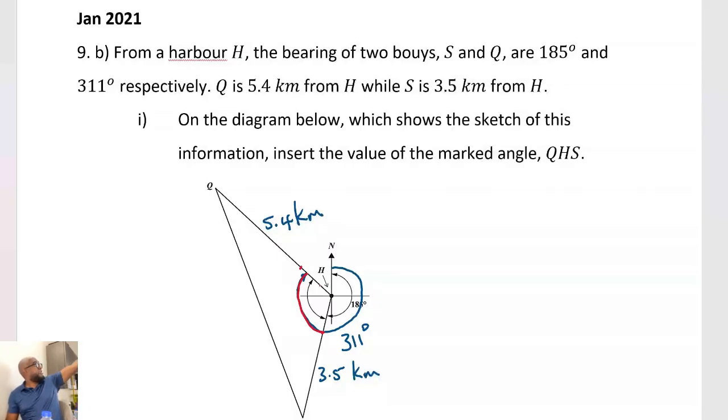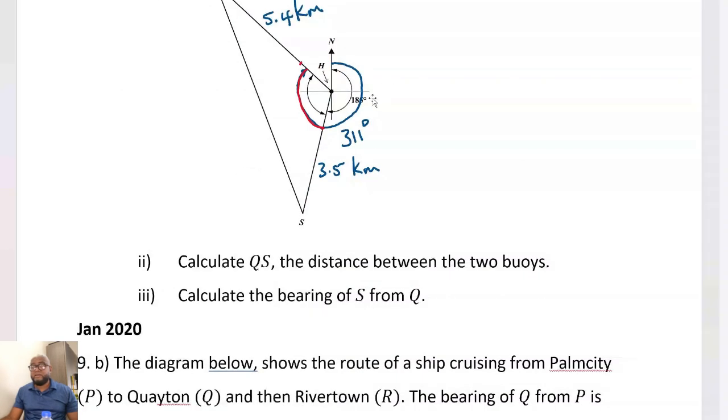If the whole thing is 311 and that piece is 185, how much would the red angle be? 126 is correct. To get the remaining angle, it will be 311 minus 185.